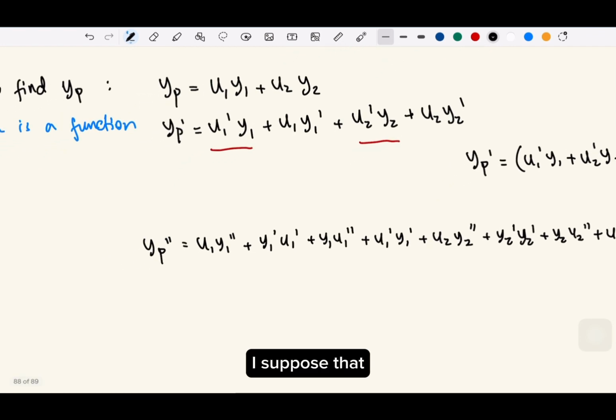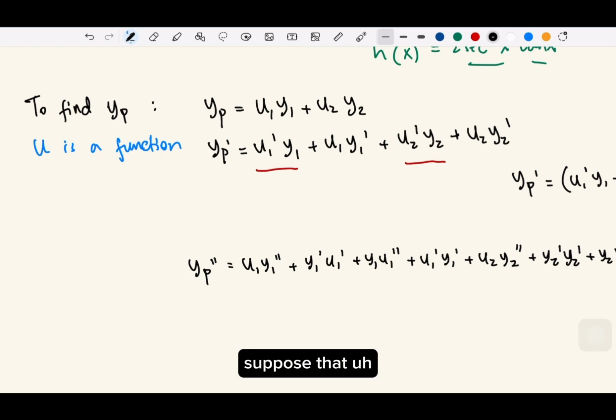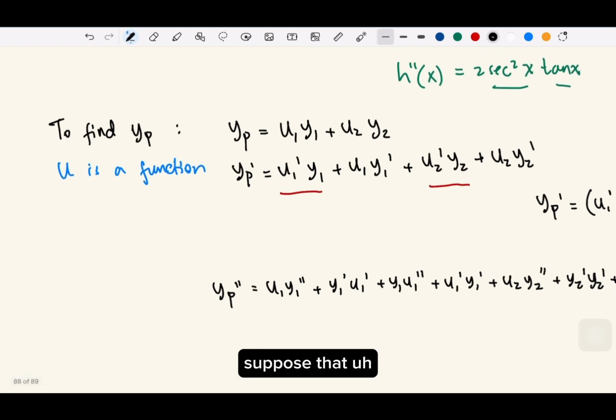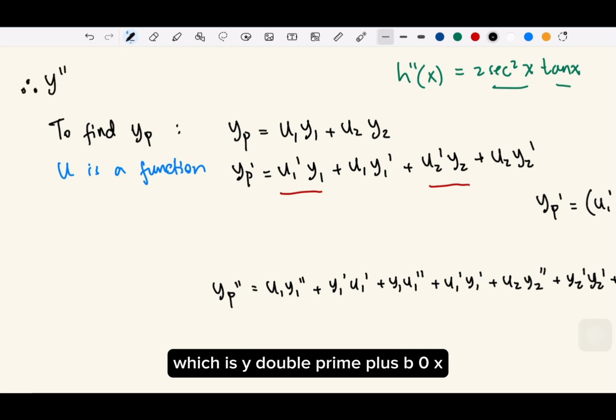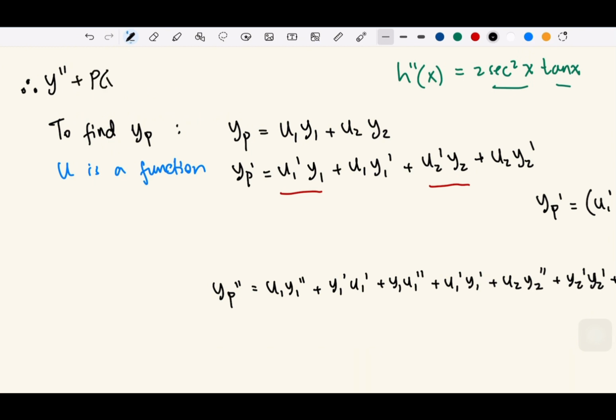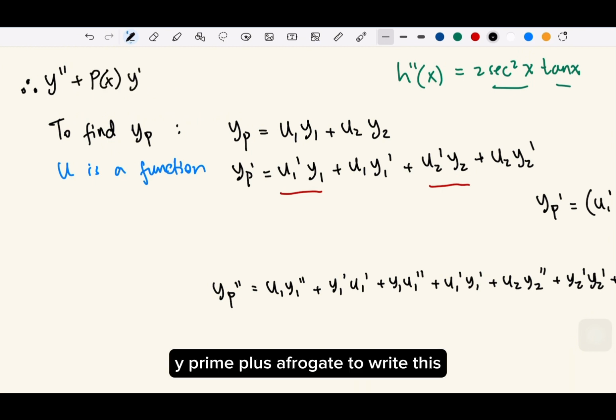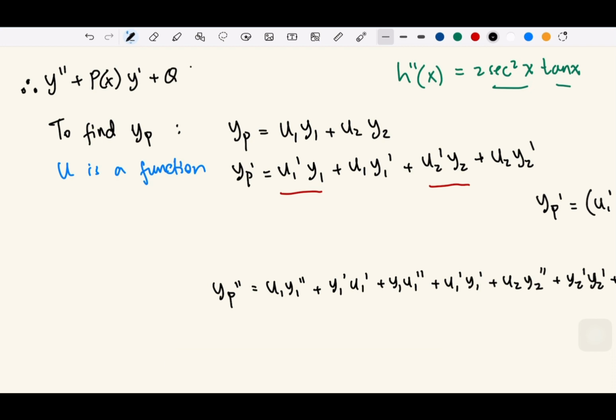Okay, suppose that we have the standard form, which is y double prime plus p of x y prime plus q y equals g. I forgot to write this. Okay, now we have this.